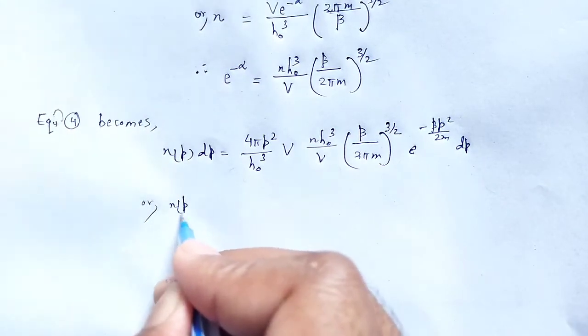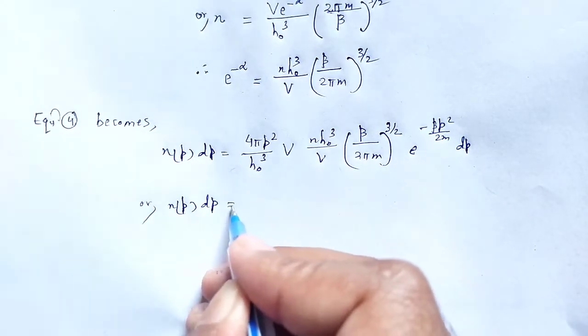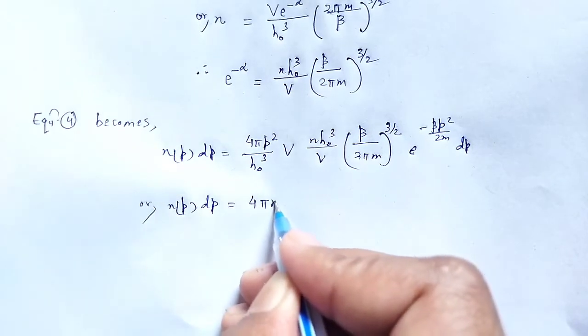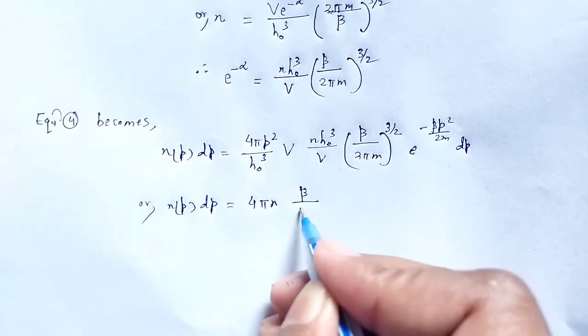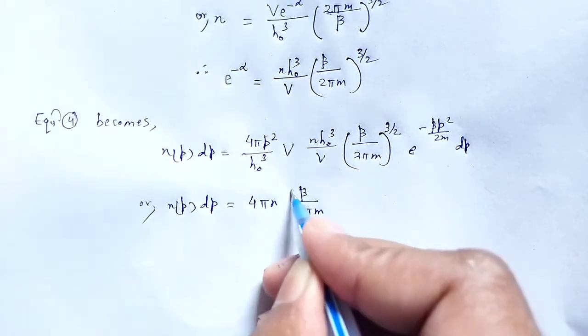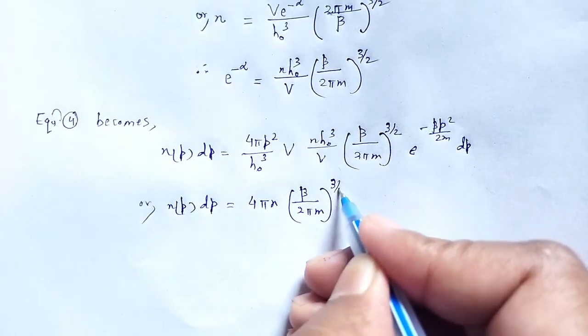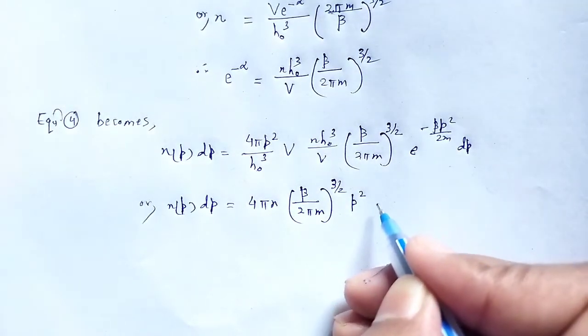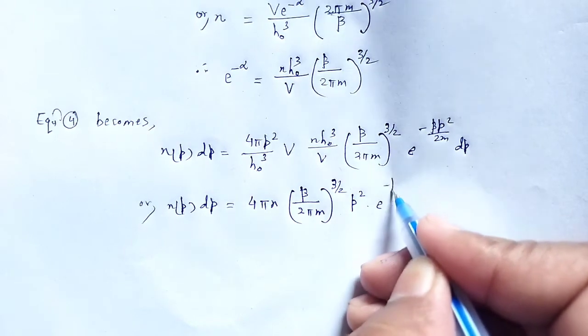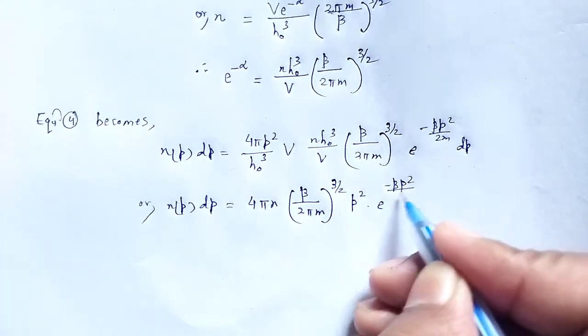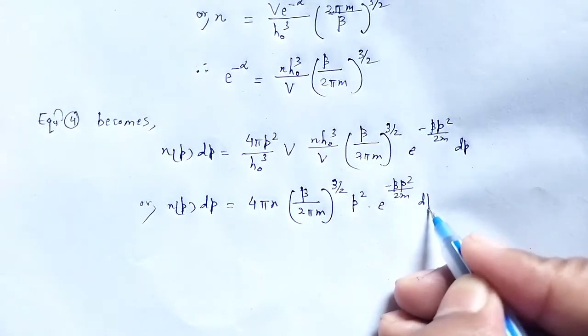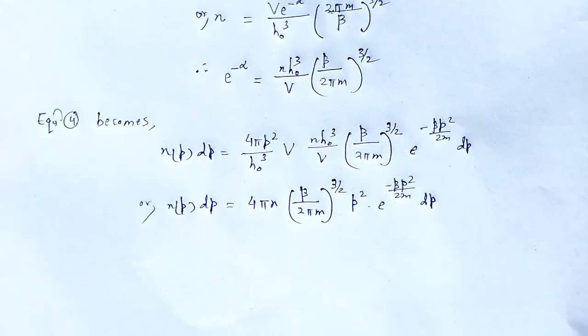or n(p)dp, that is 4 pi N beta divided by 2 pi m to the power 3 by 2, p square e to the power minus beta p square divided by 2m dp. Simplifying that one.